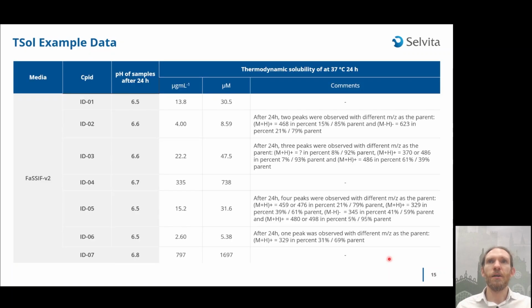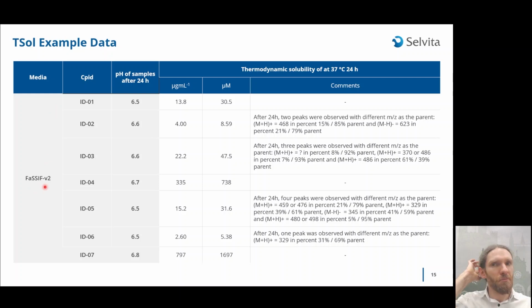Now let's move to thermodynamic solubility example data. On the left, this is a representative table from one of the assays run at Cellvita. We have indicated what media were used for the assay. In this case, this is FaSSIF version 2.